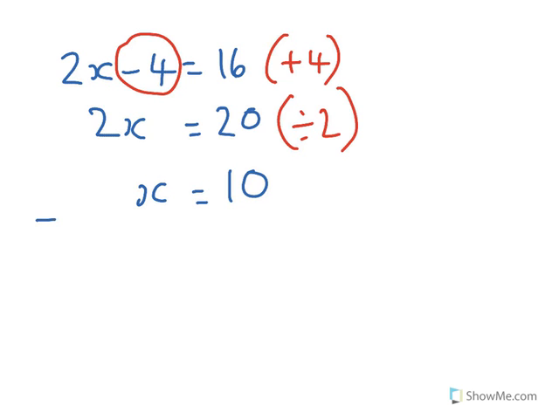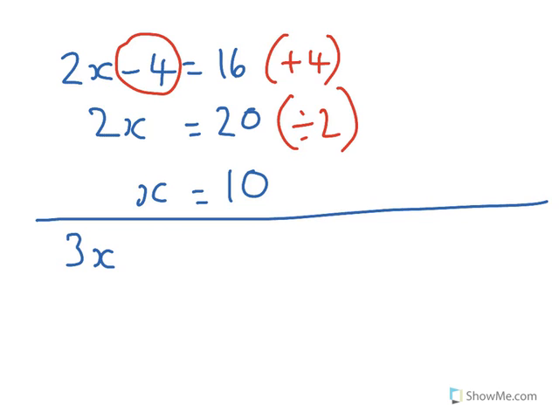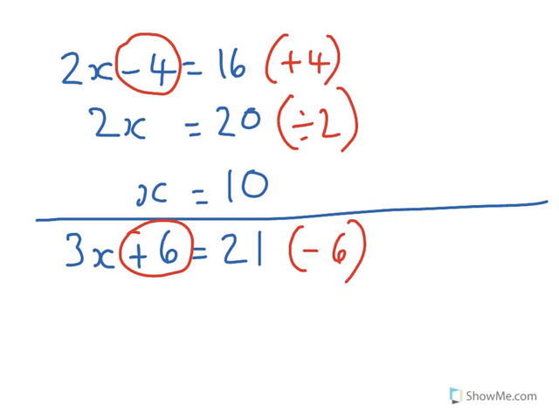Let's have another example like that. 3x plus 6 equals 21. So again, think of the opposite to BIDMAS. So we want to get rid of this plus 6 here. So the opposite would be minus 6.